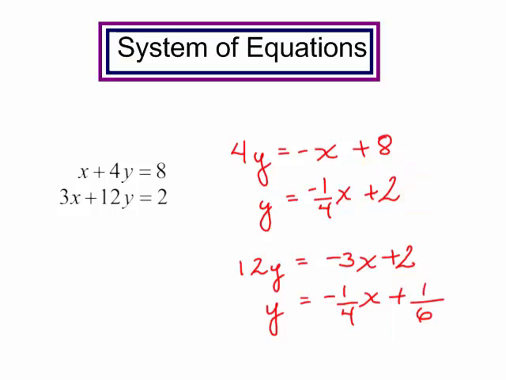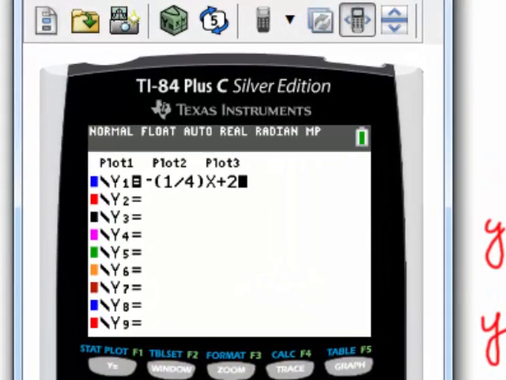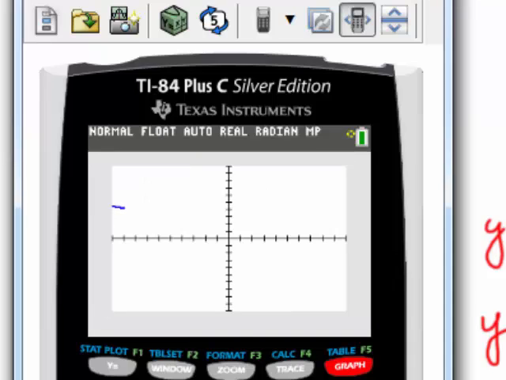Let's type this into our calculator. Okay, I've typed in my first equation. Make sure when you type in this negative that you do use the button underneath the 3. I also make sure I put my fraction in parentheses. Let's graph. We have our first line, and look, it does have a negative slope.